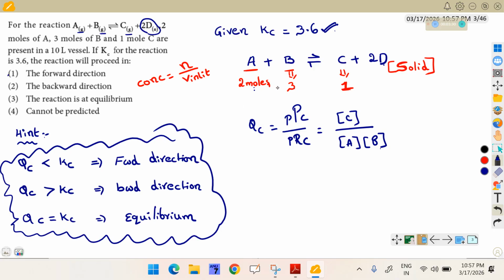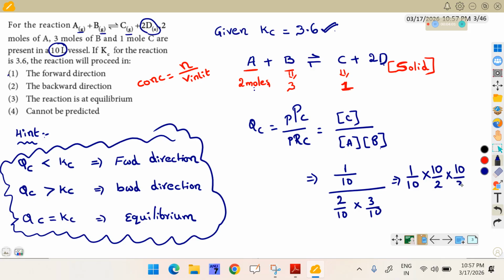Here the number of moles of A, B, C are given. Number of moles is converted to concentration term. How? The number of moles divided by volume. How much volume is given? 10 liters of volume. So 1 by 10 divided by 2 by 10 into 3 by 10. That is equal to 1 by 10 into 10 by 2 into 10 by 3. 10 cancels.